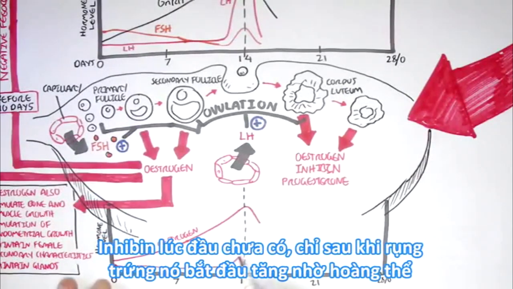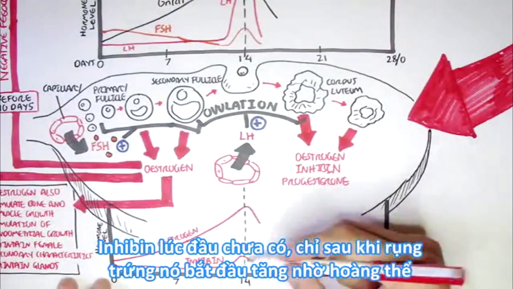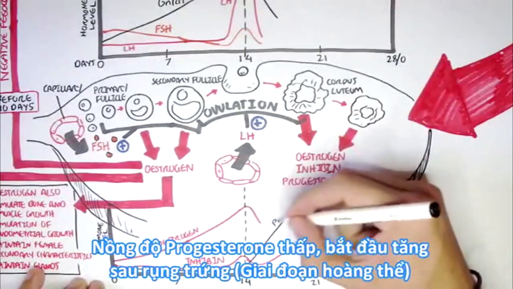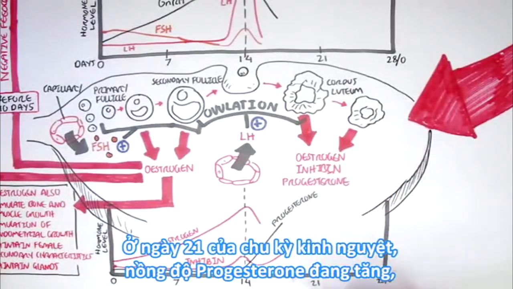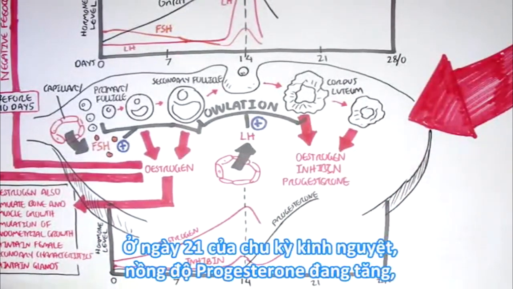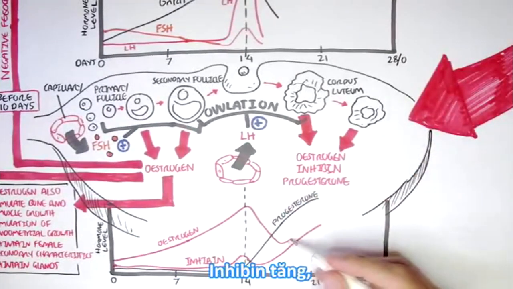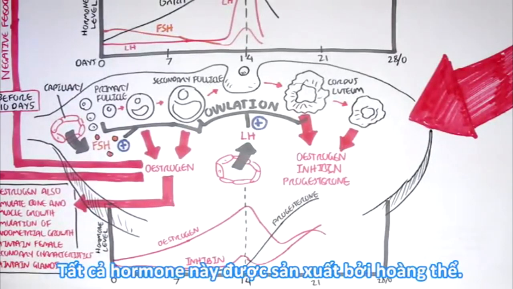Inhibin was not present until after ovulation, then it begins to increase thanks to the corpus luteum. Progesterone levels were low until after ovulation, during the luteal phase. So at 21 days of the female reproductive cycle, progesterone is increasing, inhibin is increased, and estrogen is still detectable. And all these hormones are produced thanks to the corpus luteum.